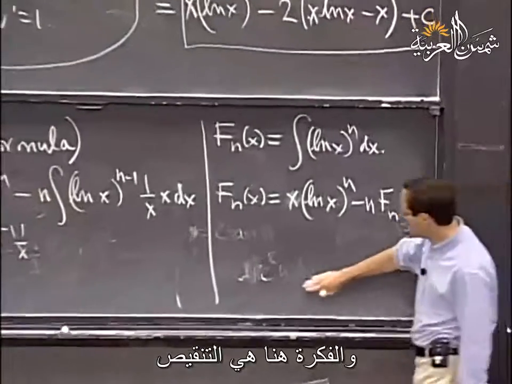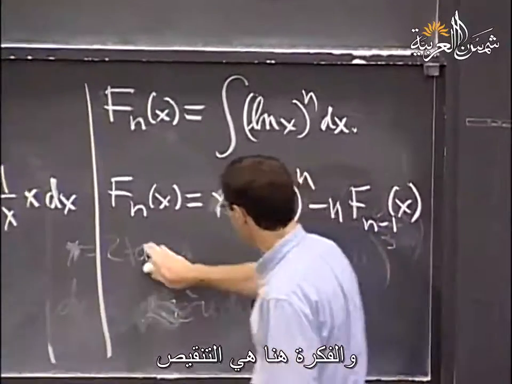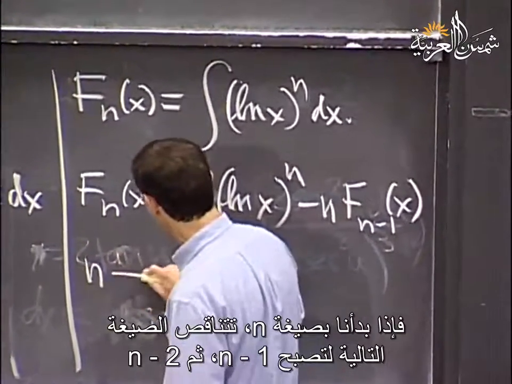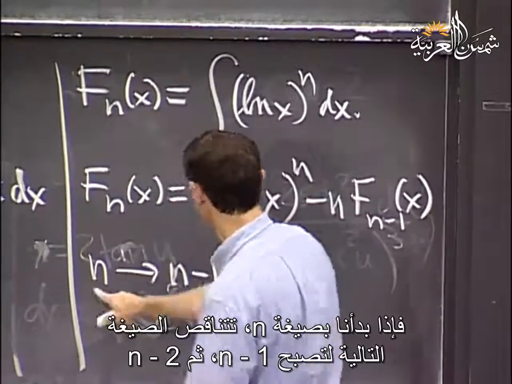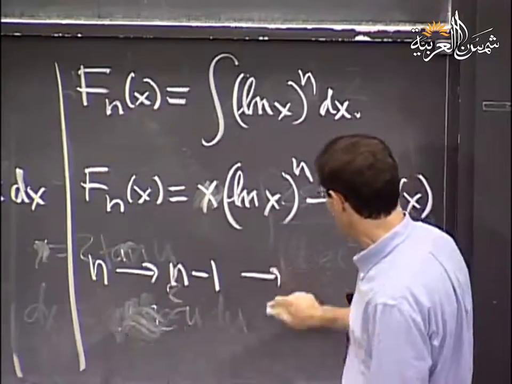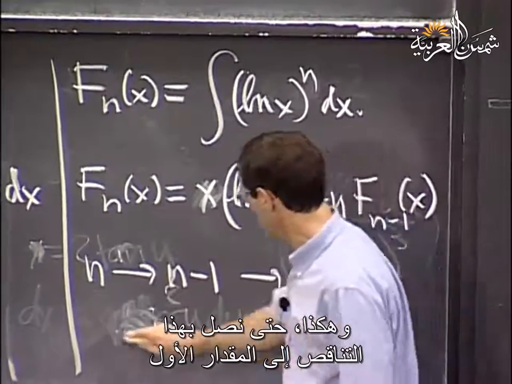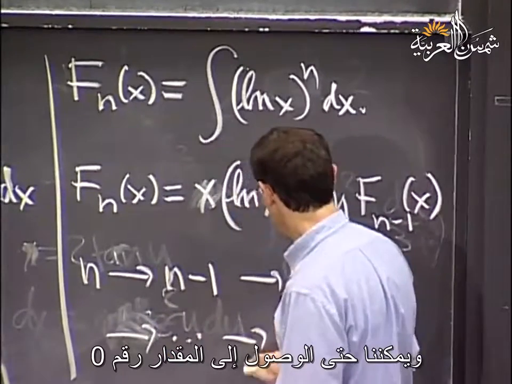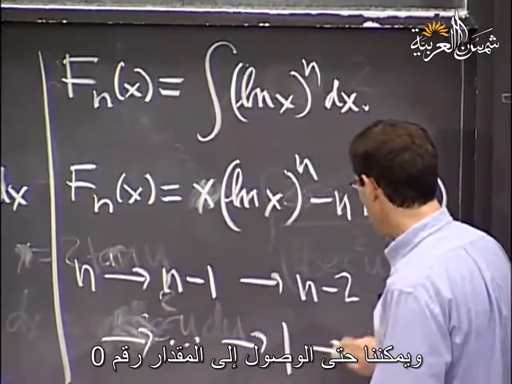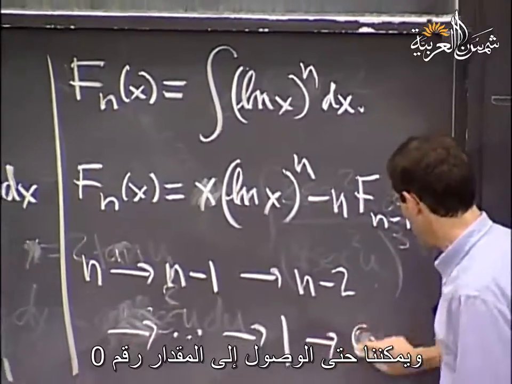And the idea is that eventually we can get down. If we start with the nth one, we have a formula that includes, so the reduction is to the n minus first, then we can reduce to the n minus second, and so on, until we reduce to the first one, and then in fact we can even go down to the 0th one.